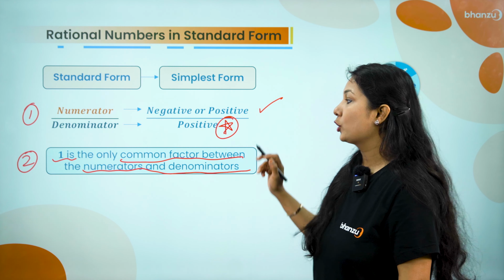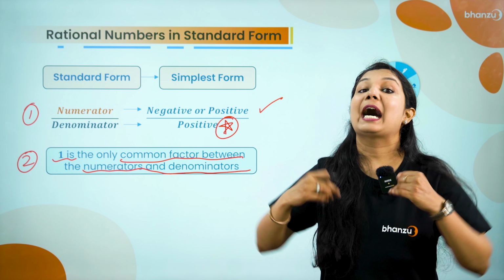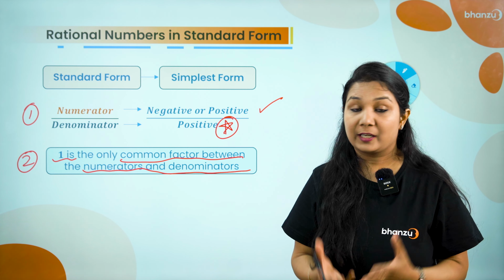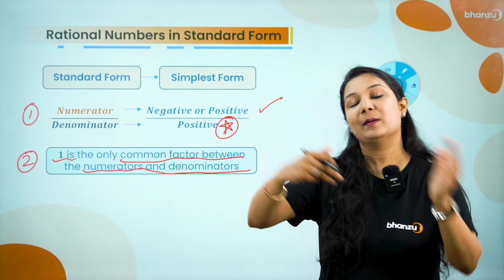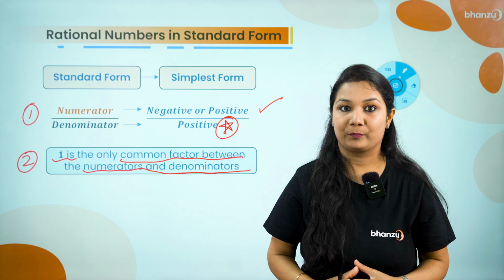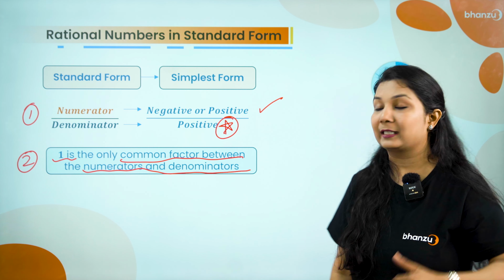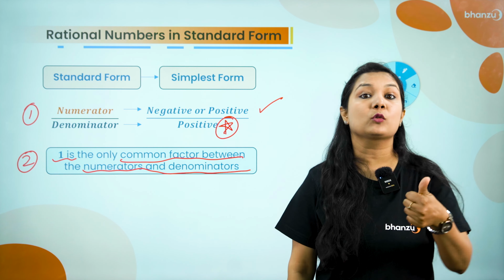That means they should have only 1 as their highest common factor. If not, then we have to divide them by the highest common factor to convert them into standard form. Right? So these are the two important things. The first one, denominator should always be positive irrespective of the sign of numerator. And second, their highest common factor should always be 1.